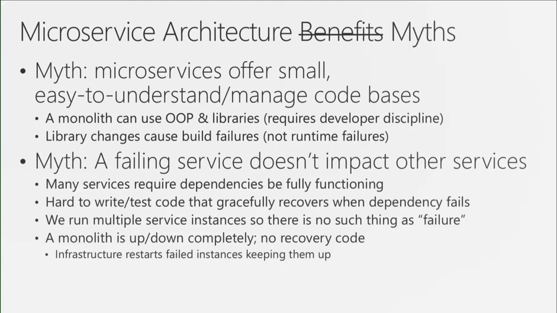And with a monolithic architecture, all of the components are either up or down at the same time. So you don't have to worry about this recovery code or what happens if this piece isn't functioning and this piece is functioning. And then you might say, well, something might go down. But again, the system that you're using, like Service Fabric, will automatically restart that for you, and you might have multiple instances of it running in parallel. So if one instance does go down, client requests could be directed to another one that's up. So it's not really a big feature of microservices to have that.